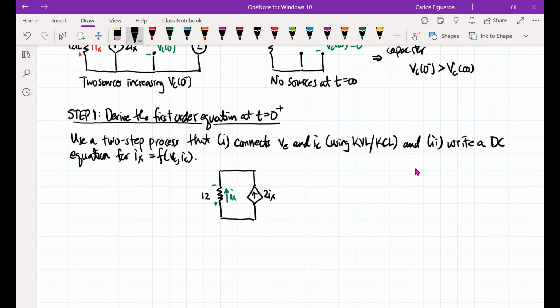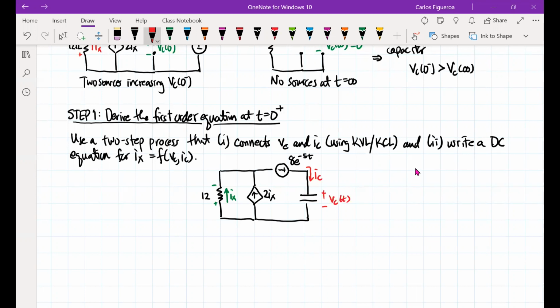And now I have my exponential source that has turned on. So this is minus plus. And then I go to my capacitor here. So remember, this source is 8e to the minus 5t. So what I'm seeing here is I have a voltage Vc in this direction. And clearly I have a current Ic in that direction.